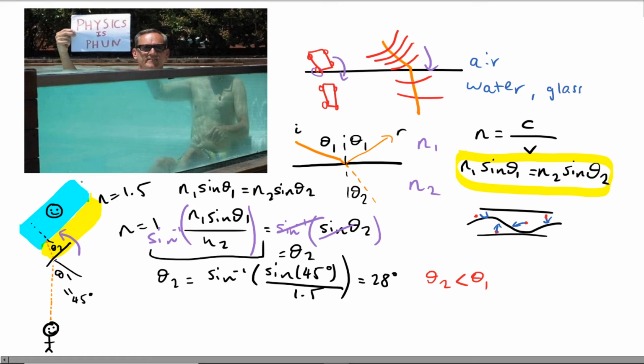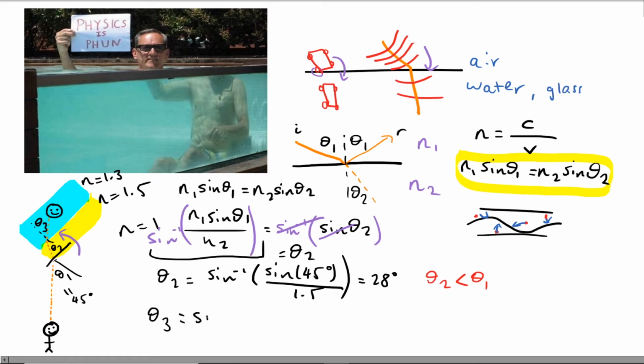Now let's analyze what happens when light meets the glass water boundary. And water has a refractive index of about 1.3. Well, I'm hoping that the light is going to bend and hit our friend in the pool there. And this would be known as theta 3 in there. So in the exact same manner, I can solve for theta 3.